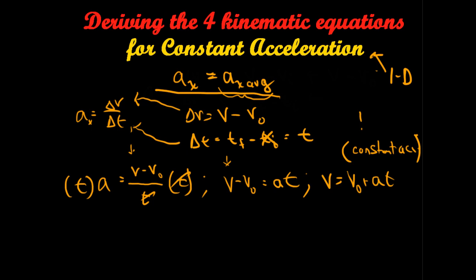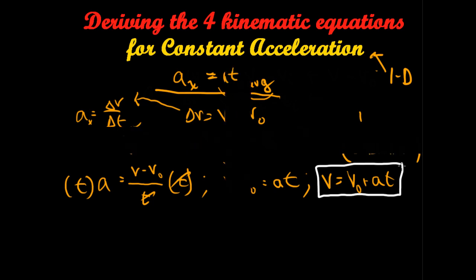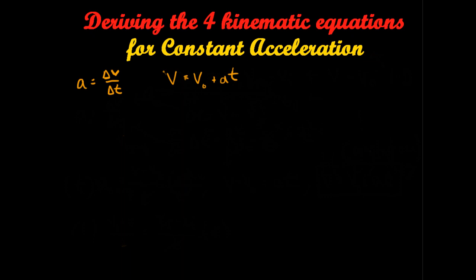But if you look in your physics textbook or anywhere else, you'll see that usually this is the first powerful kinematic equation for constant acceleration. So you finished that problem. You found your final velocity and everything.